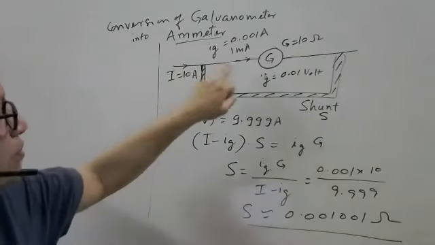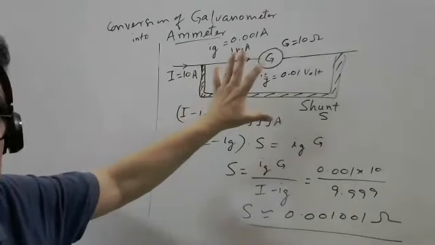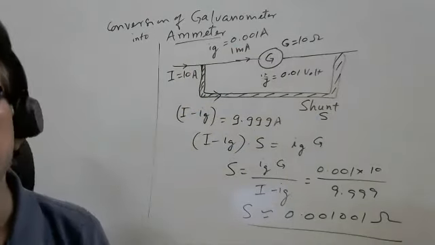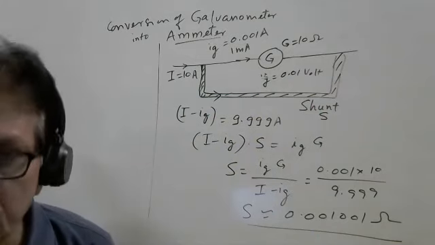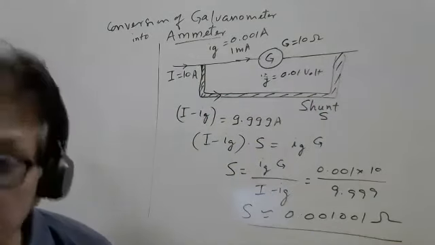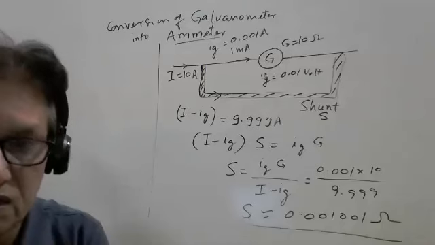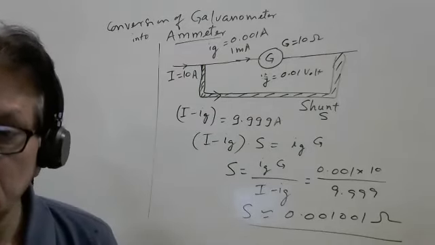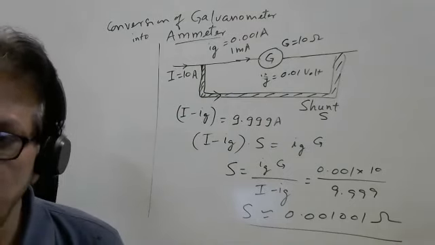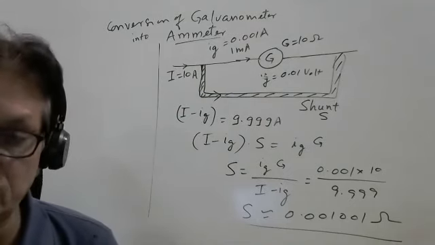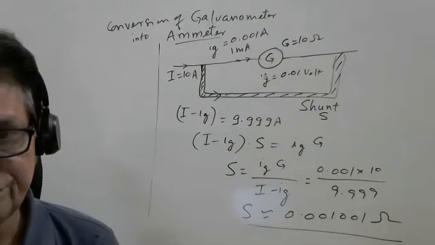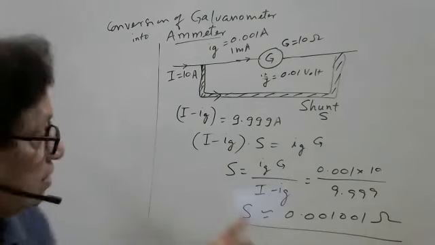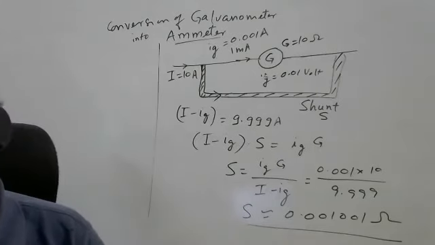Actually 1 milliampere current passes through the galvanometer, but we are measuring 10 ampere current. This way we can convert a galvanometer to any range of ammeter by using a suitable value of shunt. Got it? We want to discuss the voltmeter, but time is over already.